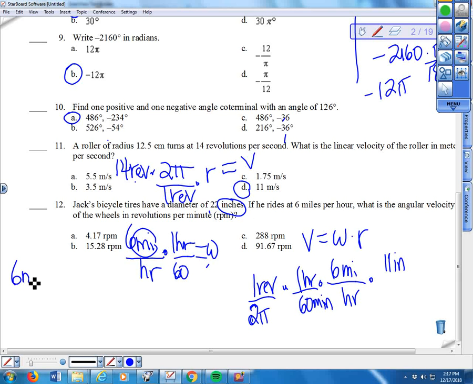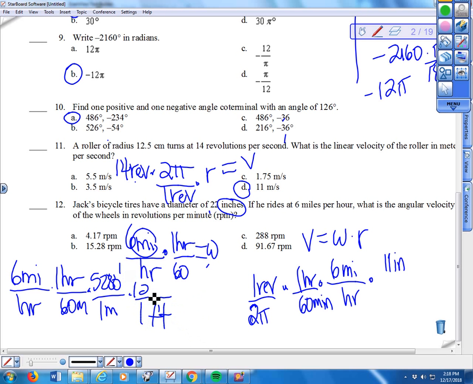6 miles per hour times 1 hour, 60 minutes. That gets me to minutes. Times 1 mile is 5,280 feet. Times 1 foot is 12 inches. Right? Yes. Okay, so that's my velocity.